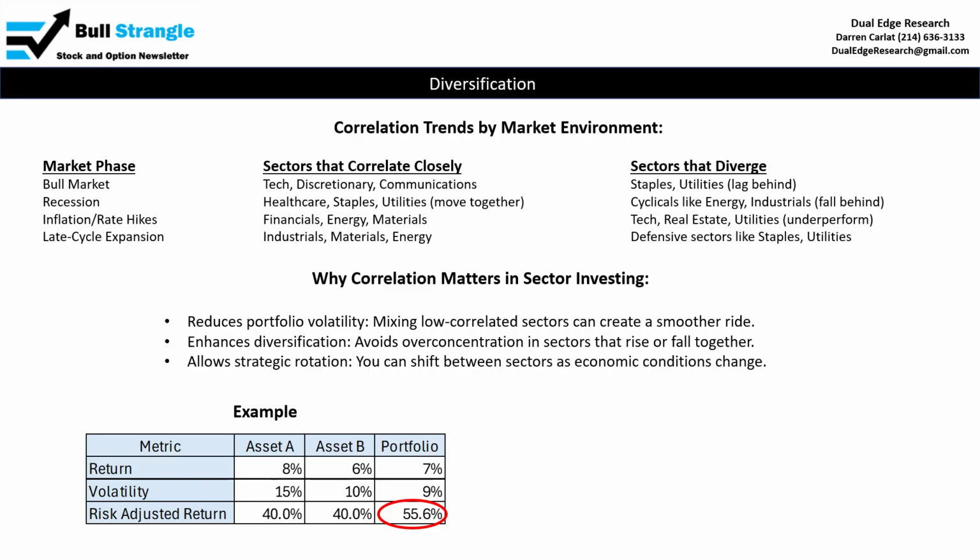So when you put those two investments together, your average return is now 7%, but your volatility drops to 9%, and your risk-adjusted return actually increases, in this case, to 55.6%. So purely by putting two unrelated sectors or unrelated assets together, you raise your risk-adjusted returns.